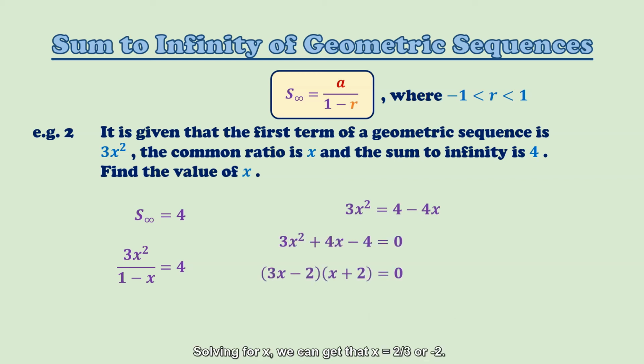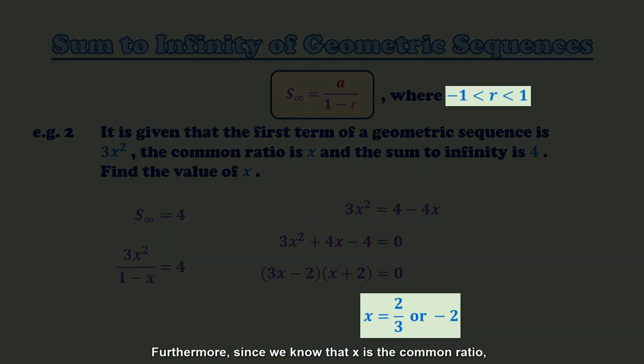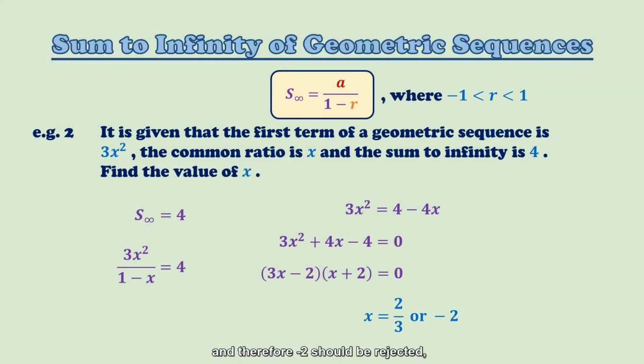Solving for x, we can get that x is equal to 2 over 3 or -2. Furthermore, since we know that x is the common ratio, then for S infinity to exist, the common ratio has to be between -1 and 1. And therefore -2 should be rejected, because -2 is not between -1 and 1.